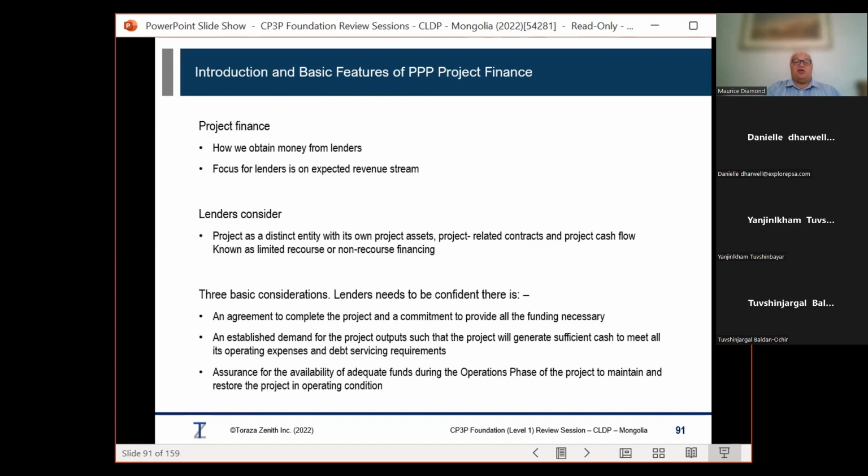An established demand for the project output, so that the project will generate sufficient cash to meet all of its operating expenses and debt service requirements, and assurance for the availability of adequate funds during the operation phase of the project to maintain and restore the project in operating condition.